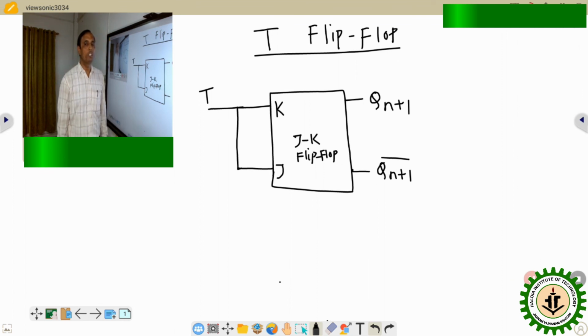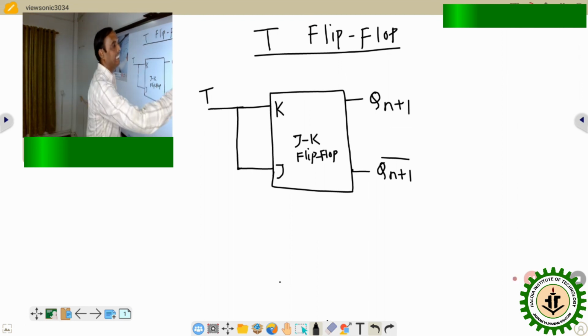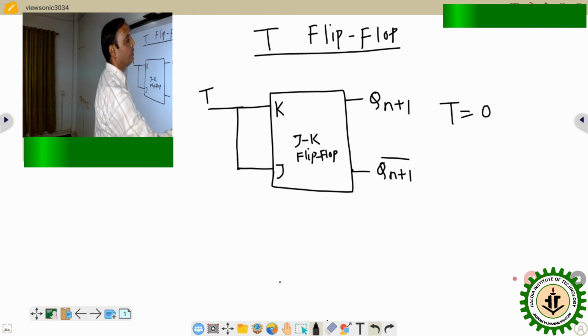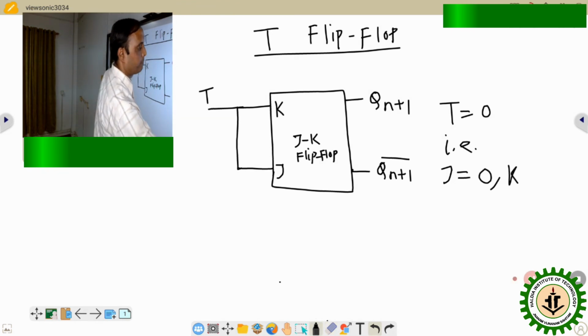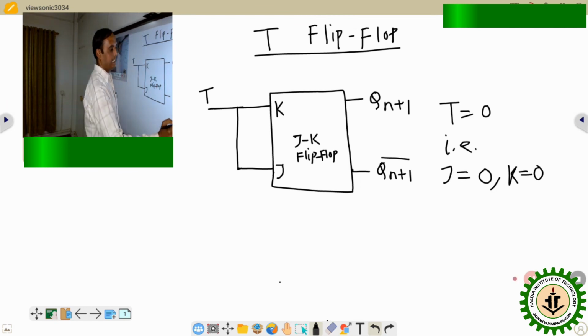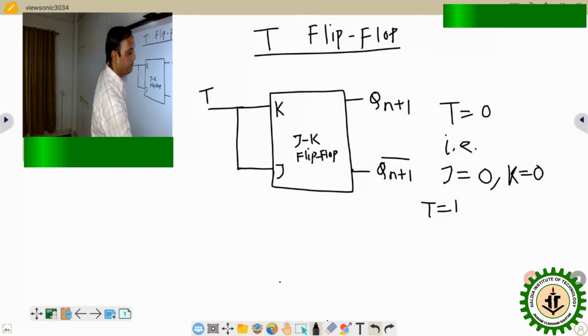When T equals 0, that means J equals 0 and K equals 0.